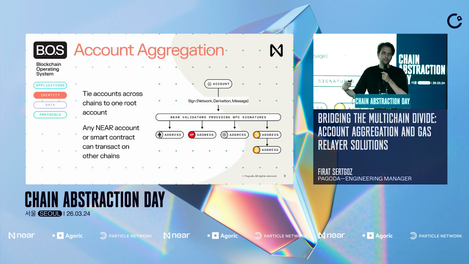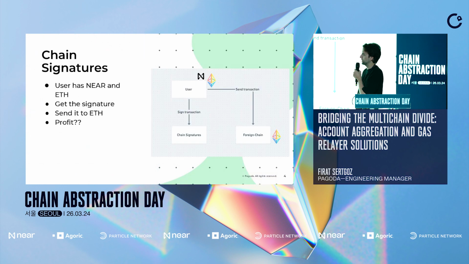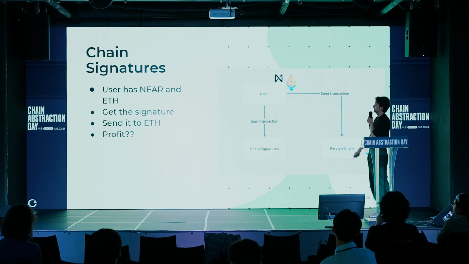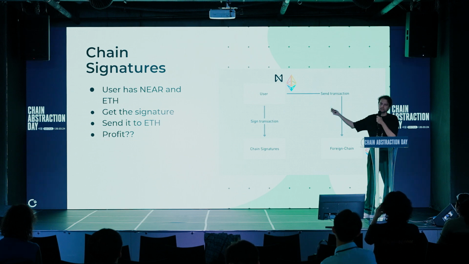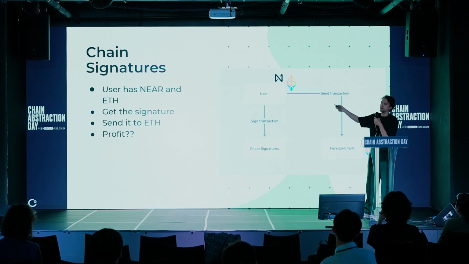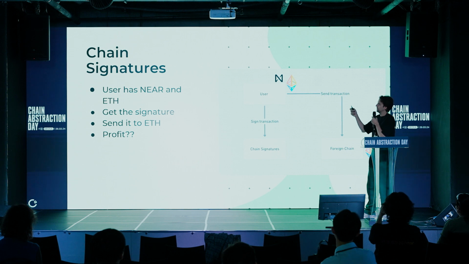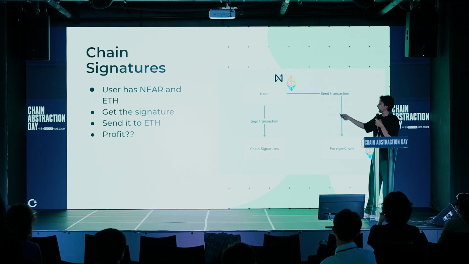Now we're going to dive deep into some parts of it. I'm not going to go into too much detail on chain signatures. I'm going to focus more on how the gas is being handled, but let's take it step by step. At a high level, a user has, in this scenario, NEAR and ETH on these chain signature accounts.